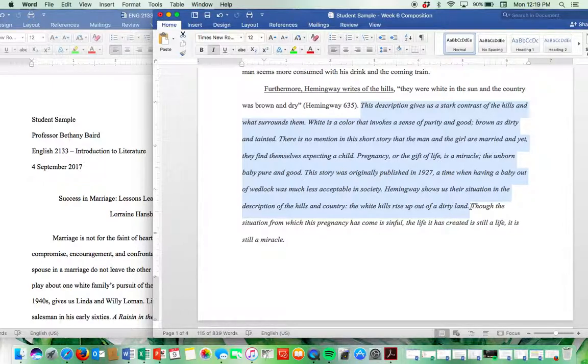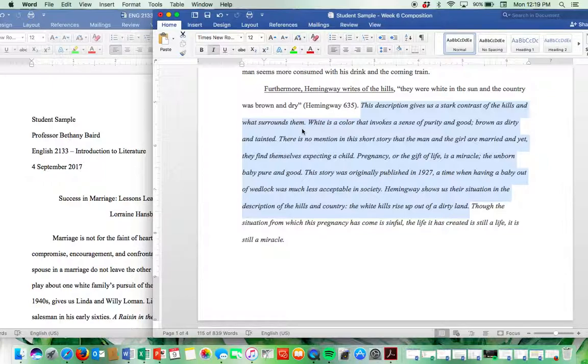So don't just quote from the text and then move on and assume that we are connecting the dots that you want us to connect. You kind of have to go above and beyond to make sure your reader is fully on board and fully understanding the purpose of that quote and why you've used it in the text. So in this case, the description gives us a stark contrast of the hills and what surrounds them. White is a color that invokes a sense of purity and good.